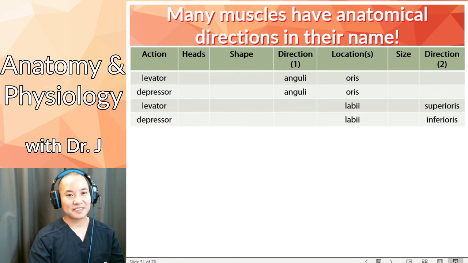So it's an unofficial, let's not say it's the third rule of anatomical naming, but it is something where you kind of get two for one. Sometimes it's a little shortcut that can help you make a best guess at where a muscle is, even if you've never seen the muscle before.